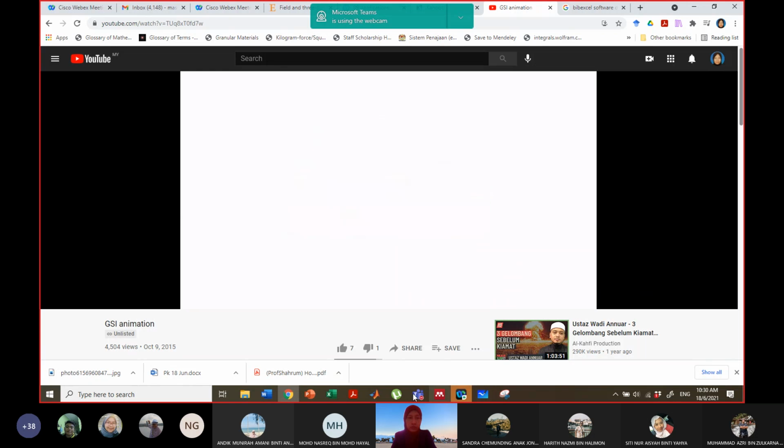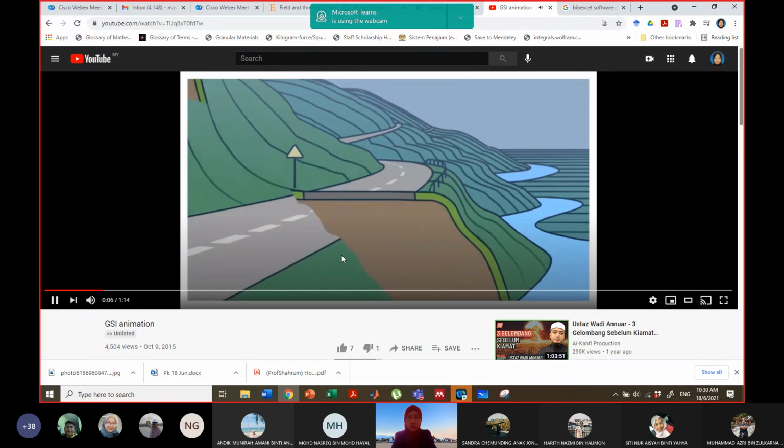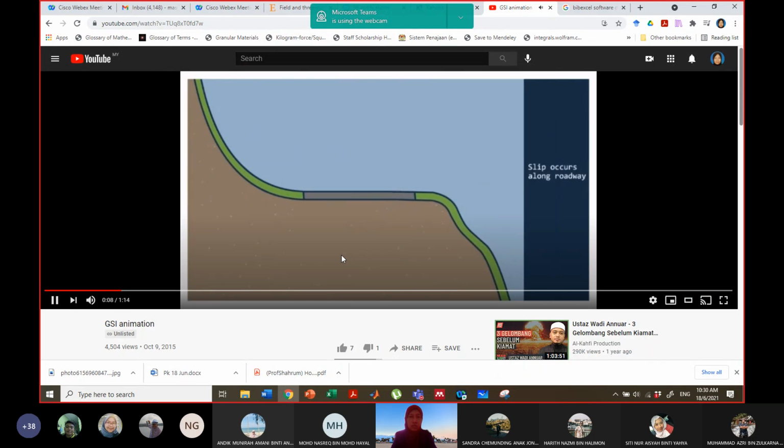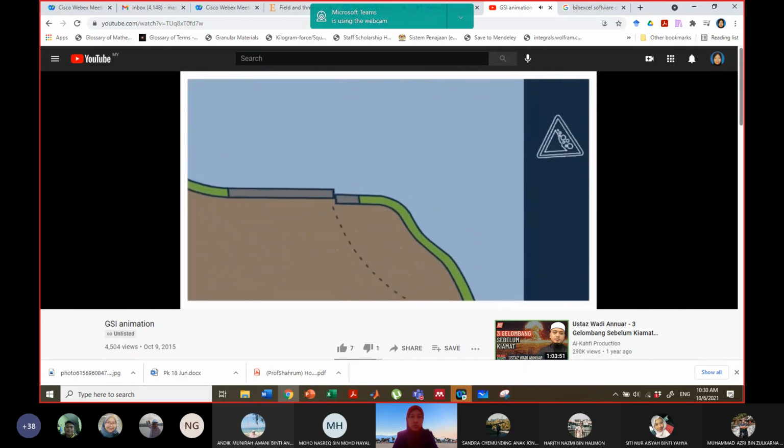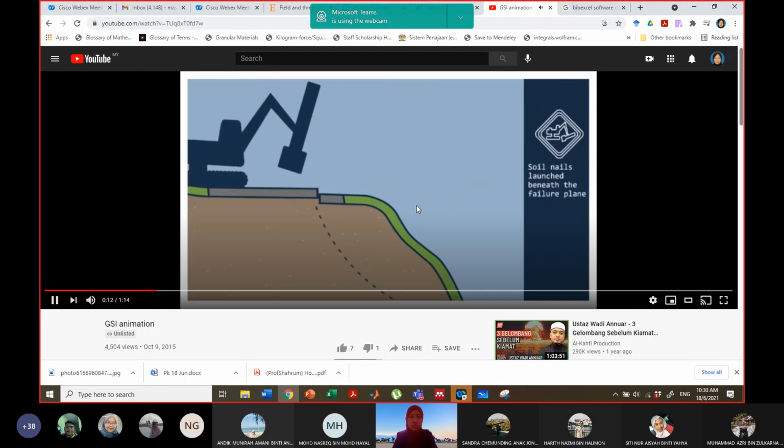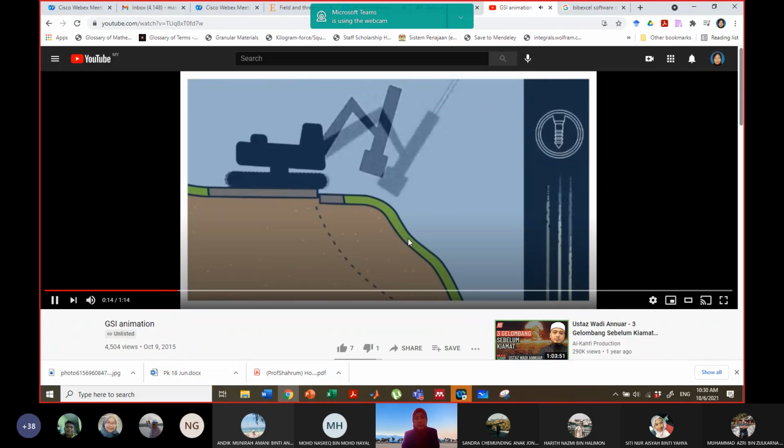I'm sorry if you could not hear this, but I want to show how the process has been done, before and after. This is a landslide that occurred in the area of a road.